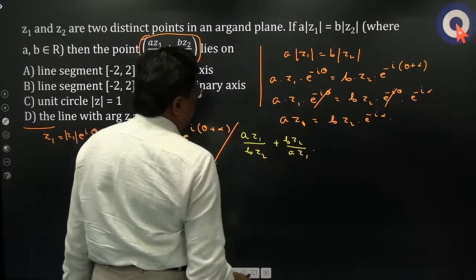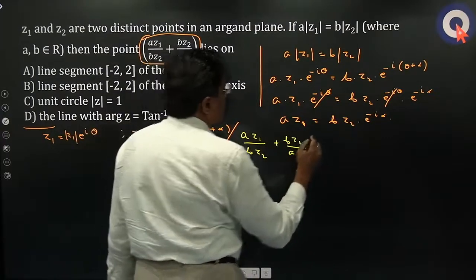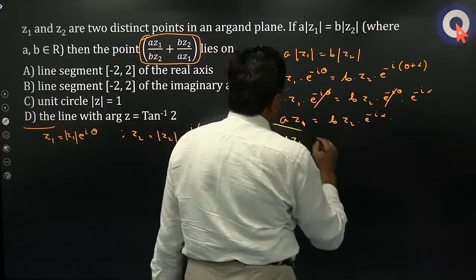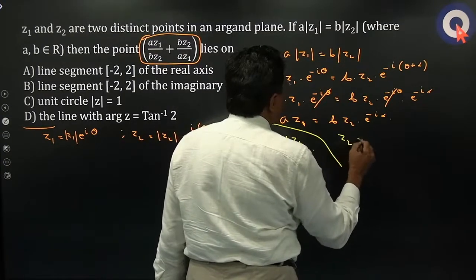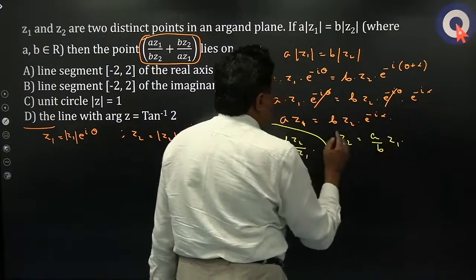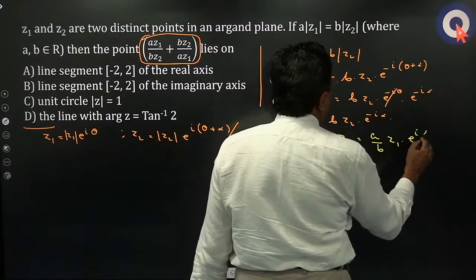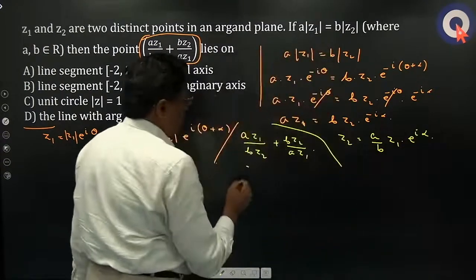All right. So from this we can write Z2 is equal to A by B Z1 e power I alpha, right. So we can just do that.